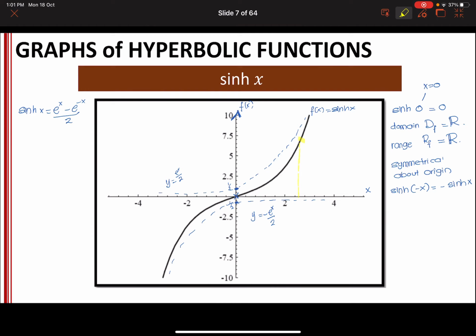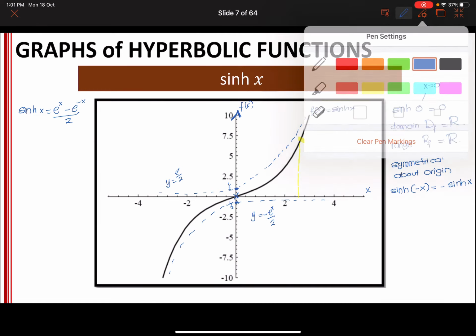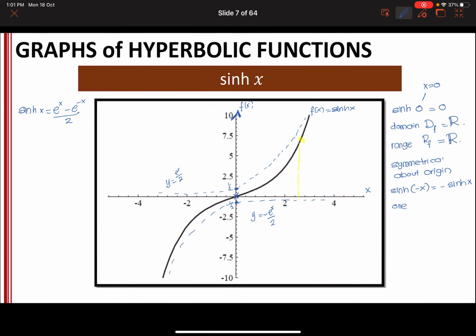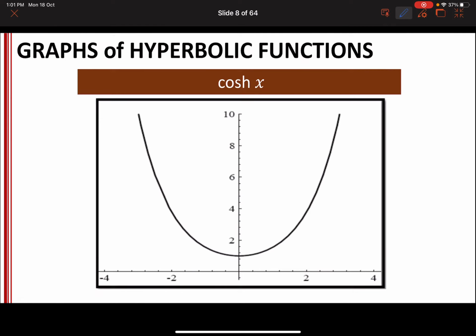So if you take any value of f(x), you will only get one value of x. So it is a one-to-one function, and it is increasing. All right. Now, let's take a look at the graph of cosh.